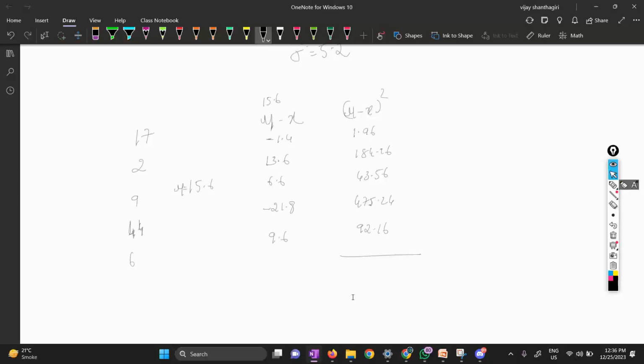Because already you're getting a feel for this variance number. See the variance here. So the sum is 797.18 and the count is 5, total count, and the average is 159.436.